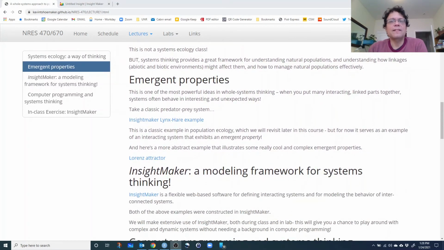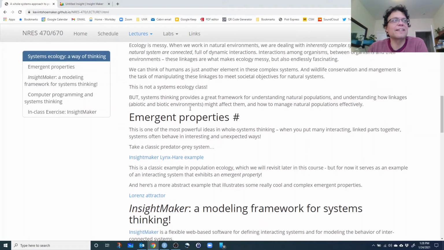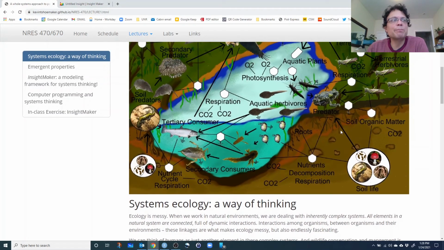The idea of emergent properties is that when you put many interacting linked parts together, systems often behave in interesting and unexpected ways. You can put really simple relationships on any of these arrows.